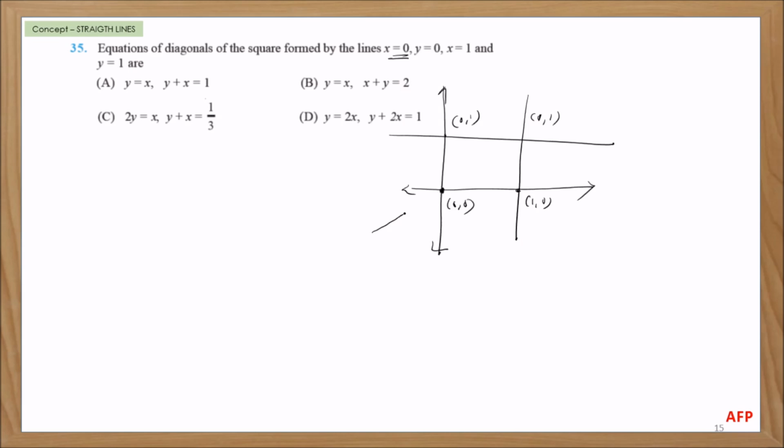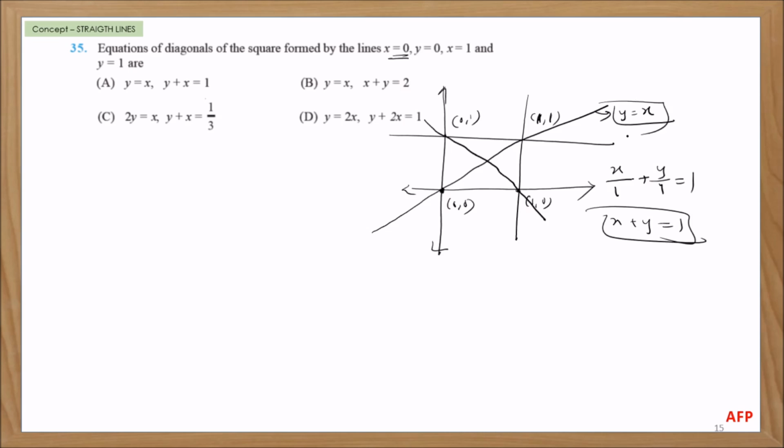Whenever a line passes through 1 comma 1 and 0 comma 0, its equation is y is equal to x. Whenever a line passes through the other two, its x-intercept is 1 and y-intercept is 1. So x plus y is equal to 1 we are having. So these two are the equations. So option A it follows.